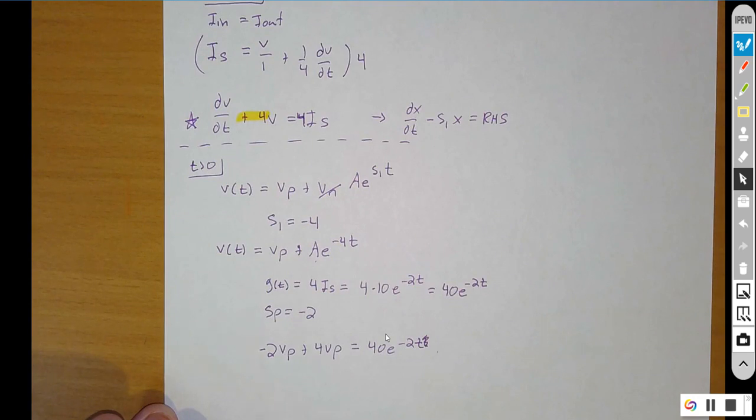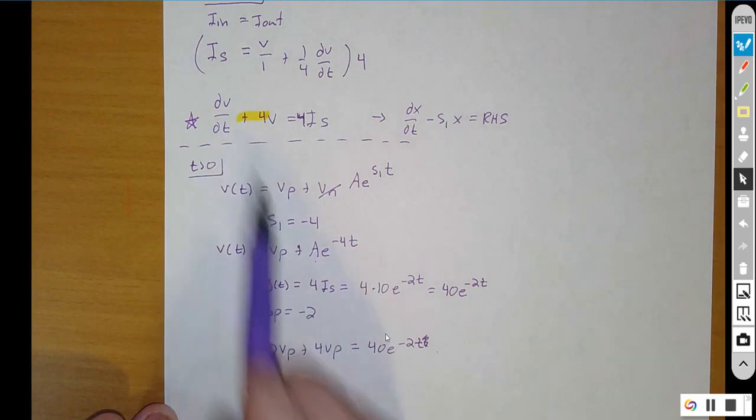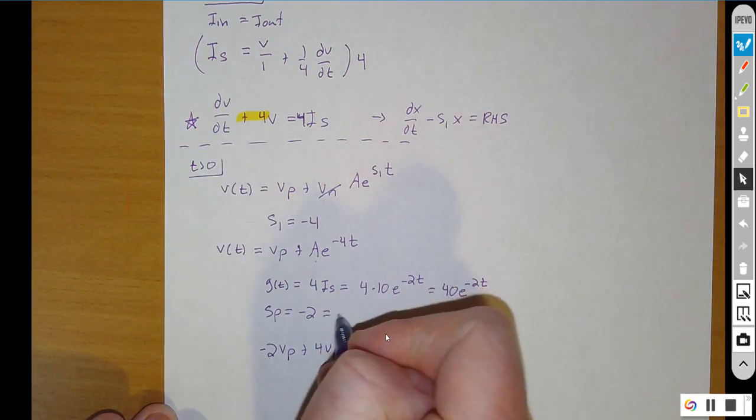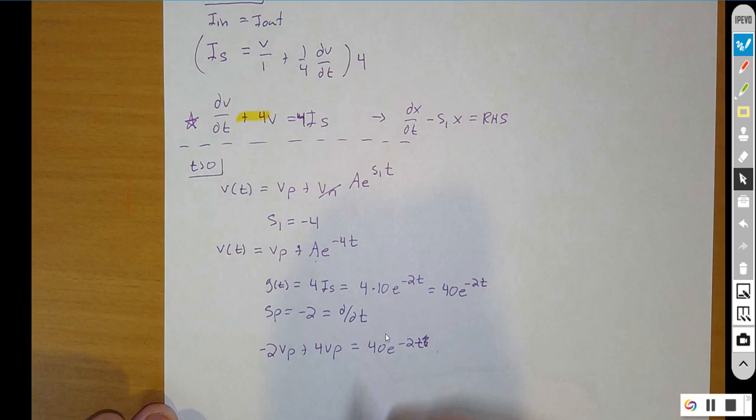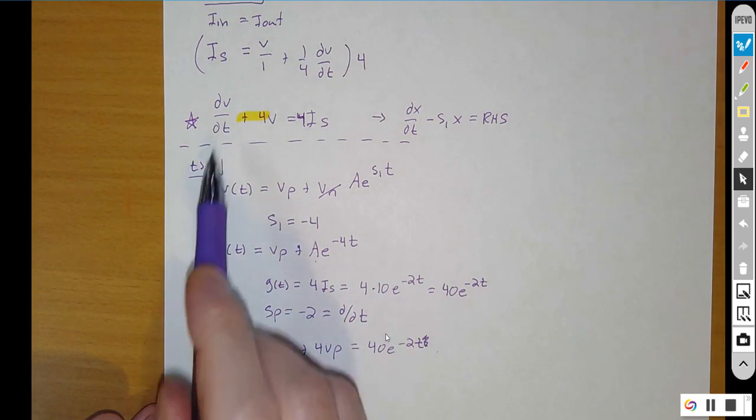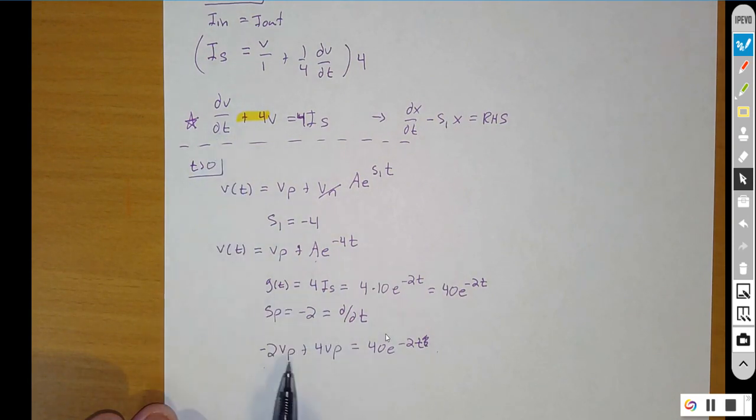Let's talk about this. Again, this is just dv/dt, but we replace d/dt, so this is equal to d/dt. We take this equation and we sub this out. We replace v with v particular, because that's what we're trying to find.